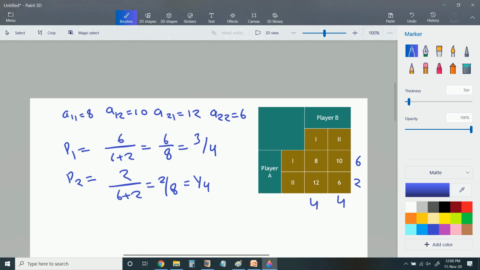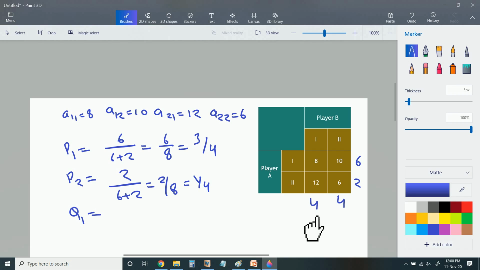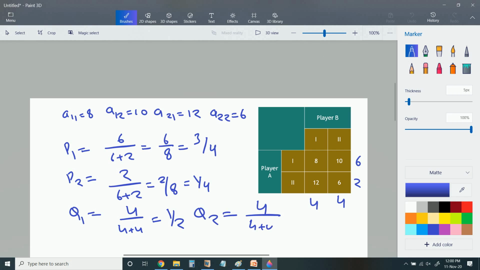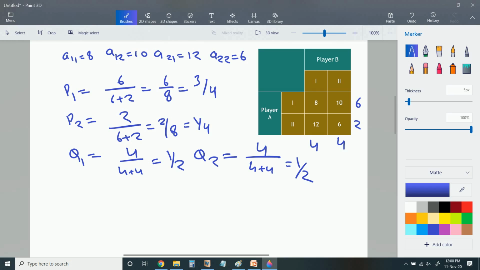Now Q1. Q1 is what? This divided by the sum of these two, 4 plus 4. So this will be 1 by 2. And Q2 same, 4 by 4, 1 by 2. Now the value of the game.